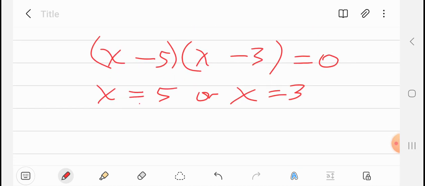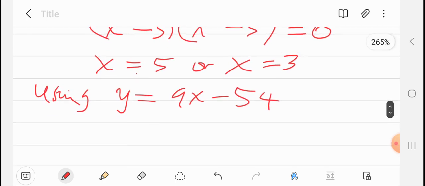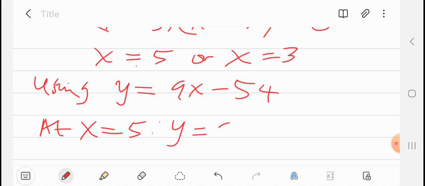Using the equation of the tangent at T, y equals 9x minus 54, at x equals 5, y becomes 9 times 5 minus 54, and therefore y is 45 minus 54, which is minus 9.